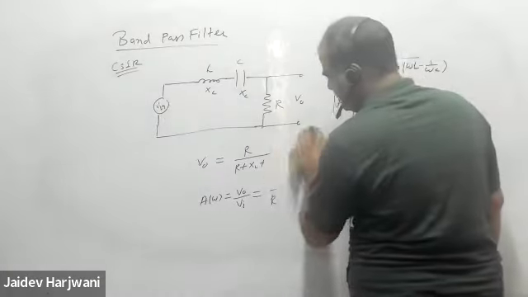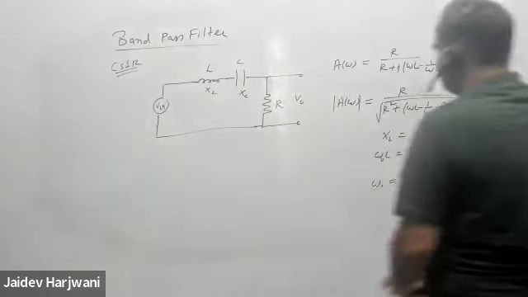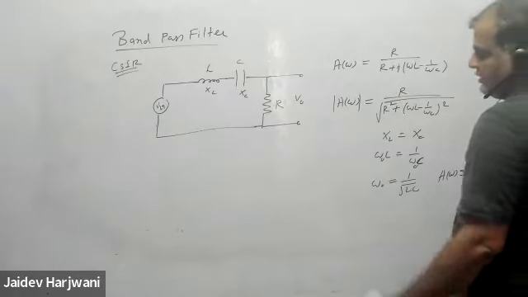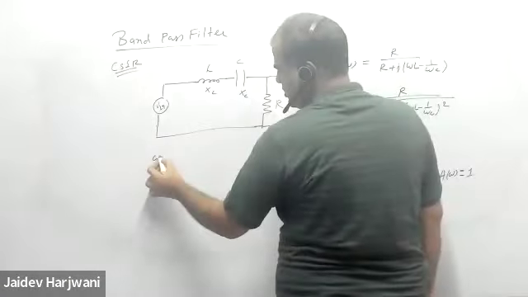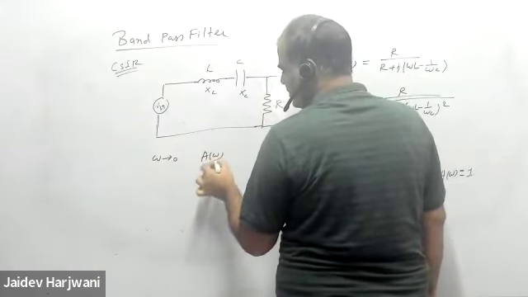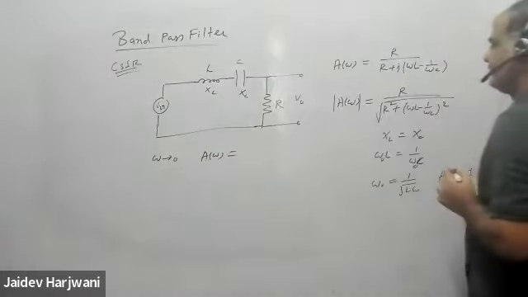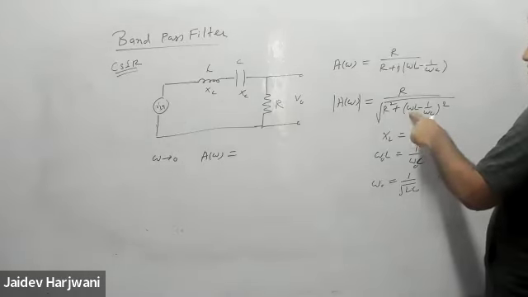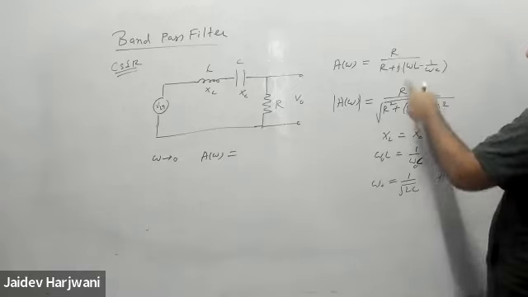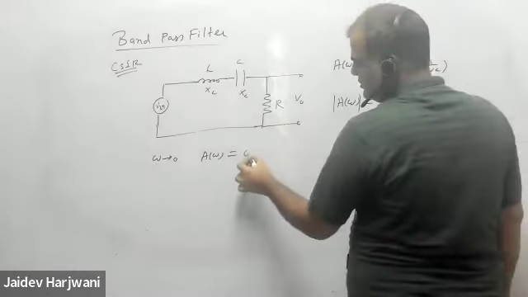And now we'll see other frequencies. So omega tends to 0, tell me what is the value of A omega. If it is 0, 1 by omega C becomes infinite, so it is R divided by infinite, and A omega will become 0.